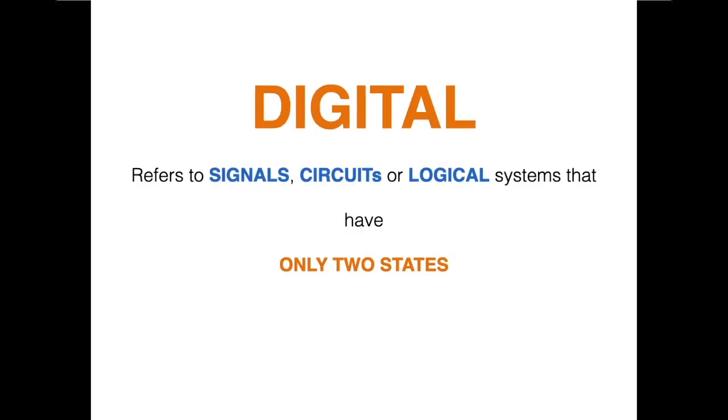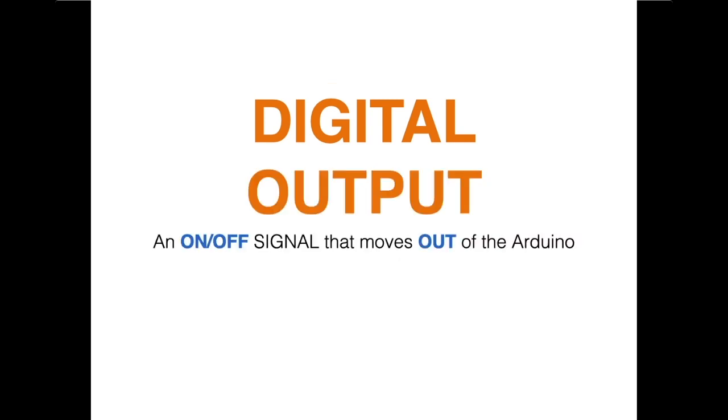Digital refers to signals, circuits, or logical systems that have only two states, things that can be on or off. And this relates to the logical space of true and false, and it relates to the electrical space of positive power supply and ground. And we're going to explore what that means. So a digital output is an on-off signal that moves out of the Arduino.